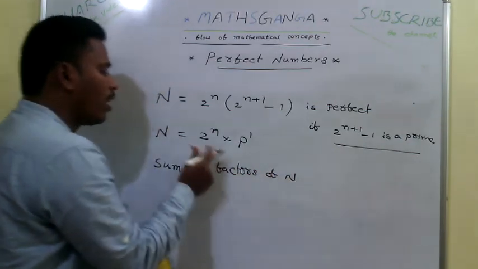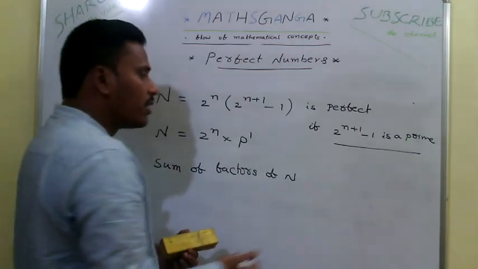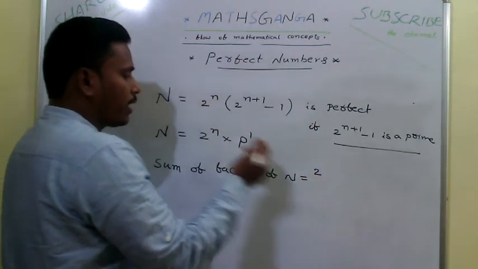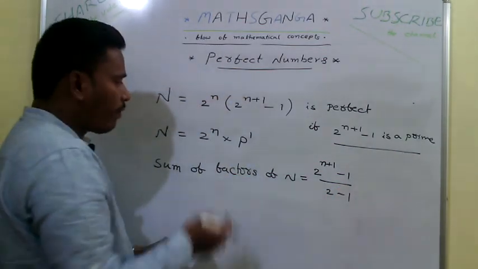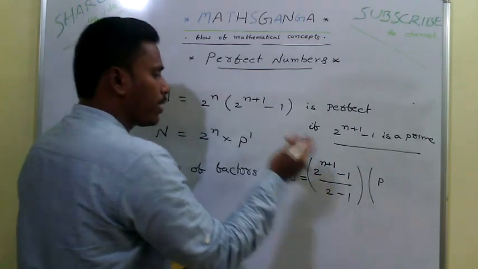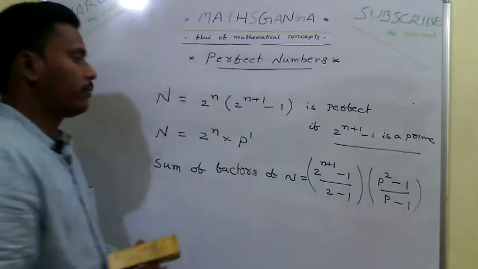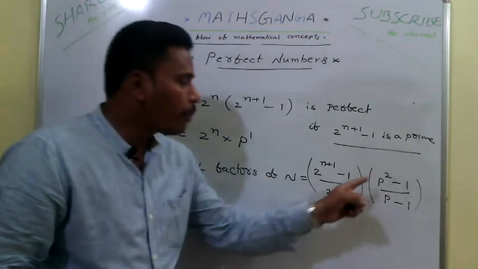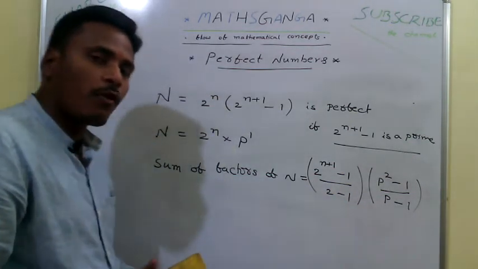For the given number n, whose prime factorization is 2^n into p^1, the sum of the factors of n is given by the direct formula: (2^(n+1) minus 1) divided by (2 minus 1), into (p^2 minus 1) by (p minus 1). This product will give us the sum of the factors of n.